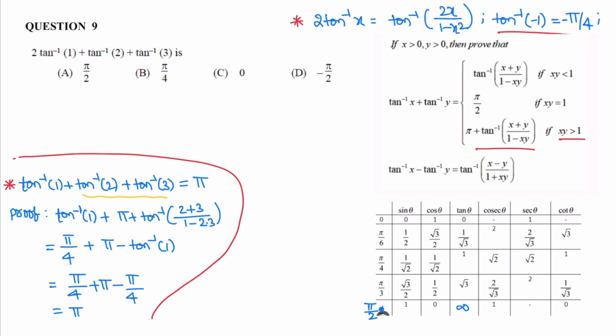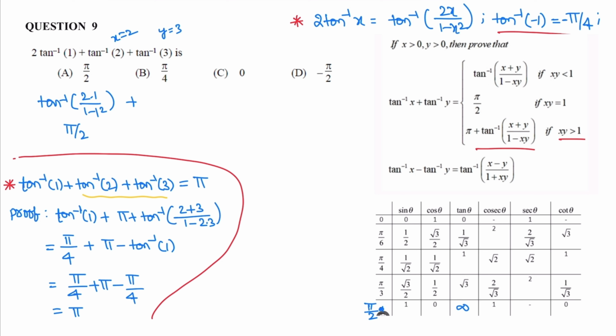So take 2 tan inverse 1. Using this formula, 2 tan inverse 1 is tan inverse of 2 into 1 by (1 minus 1 square). So that is tan inverse infinity, and tan inverse infinity is pi by 2. Plus tan inverse 2 plus tan inverse 3. Let us assume x is equal to 2 and y is equal to 3.